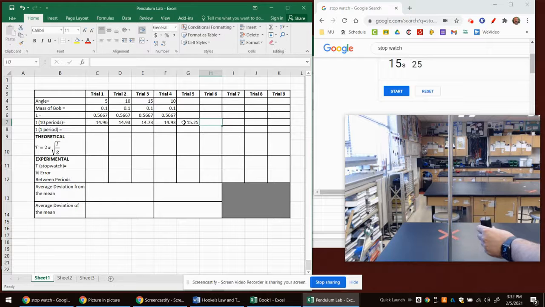The only difference here is going to be the mass. And I will start it when I get to one of the sides. Here we go. 1, 2, 3, 4, 5, 6, 7, 8, 9, 10.